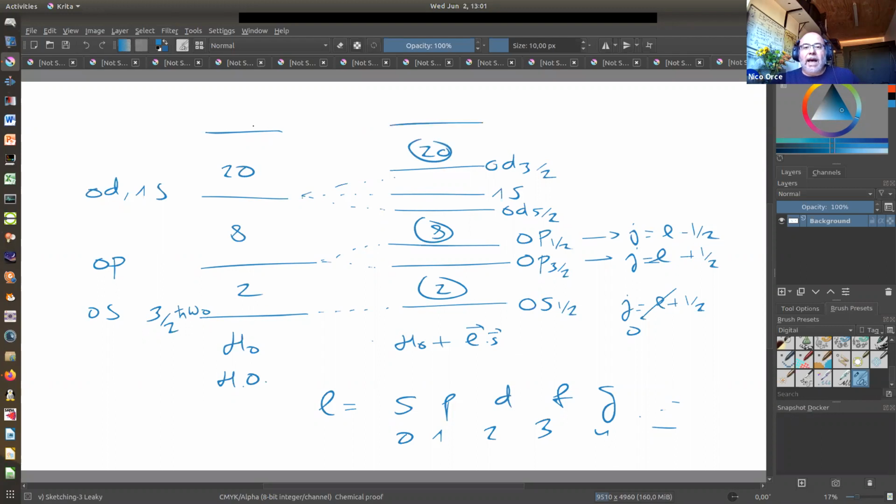But now these guys, which are going to be the 0F and the 1P, actually they will come there.